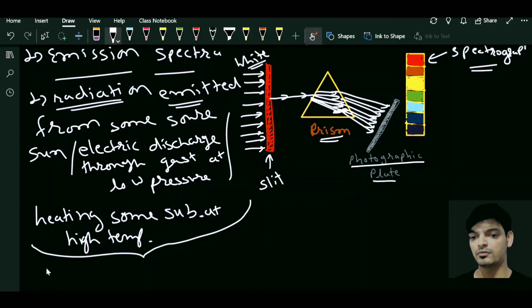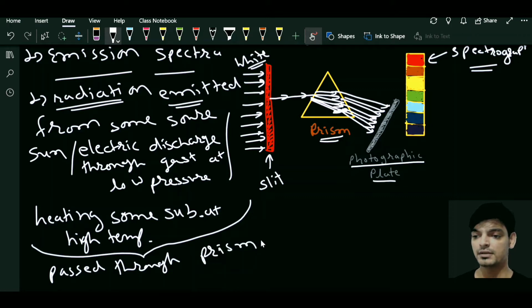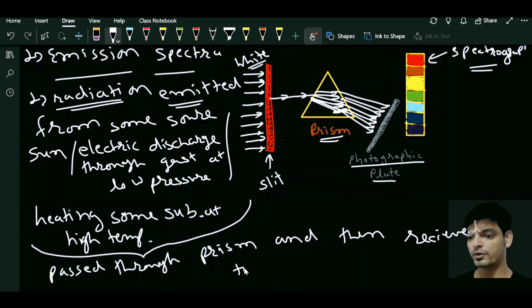You have to pass it through the prism, and then it is received on the photographic plate.